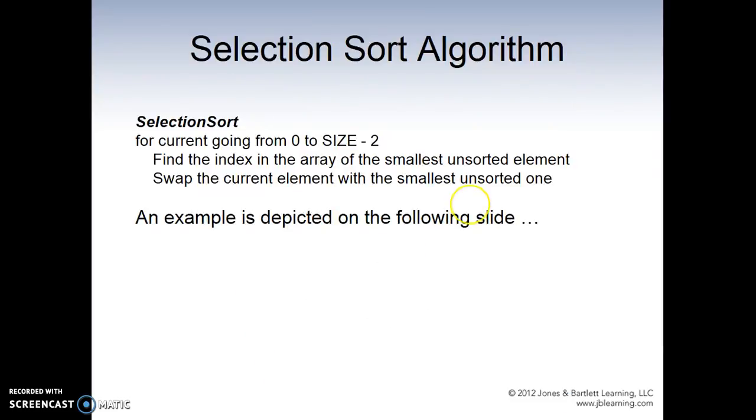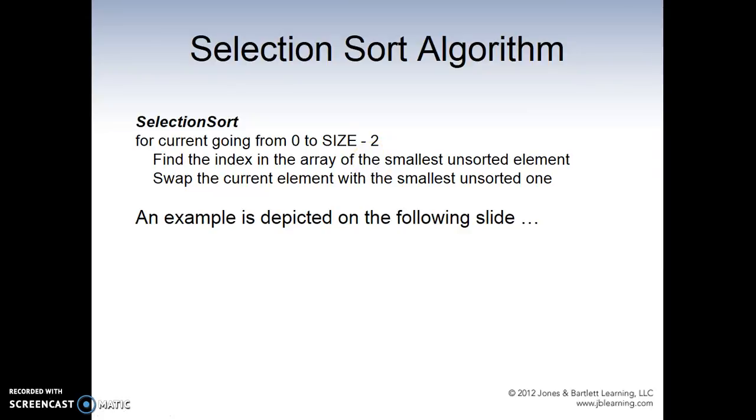So look at the selection sort algorithm. We loop from 0 to size minus 2. Why minus 2? First, minus 1 because it starts from index 0. Second, we have to minus again because we don't have to sort the last item on the list.